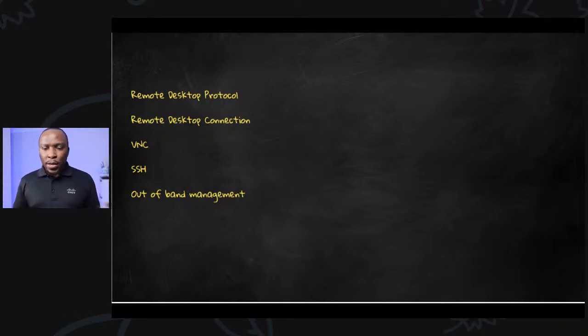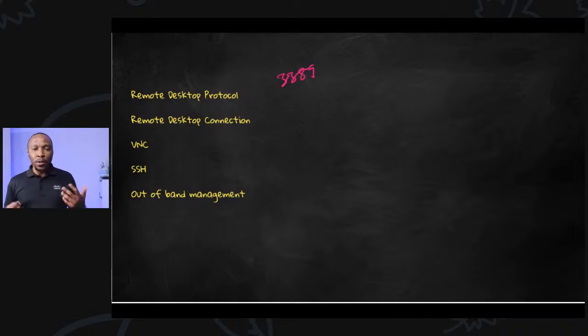Remote Desktop Protocol is a protocol that allows us to remotely connect to Microsoft infrastructure over the network. It uses UDP port 3389. So this needs to be added onto the list of ports that you need to learn. So it uses UDP port 3389.